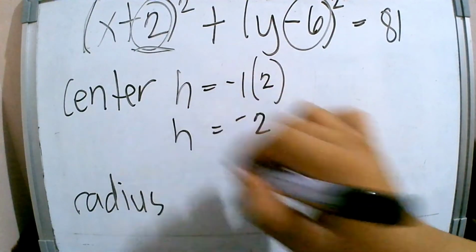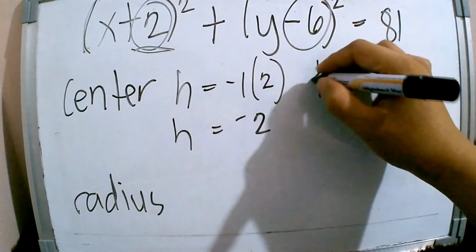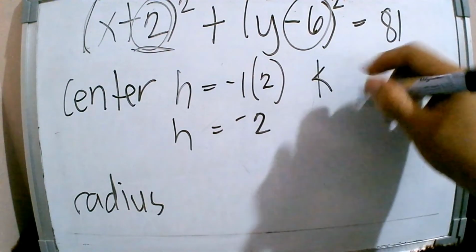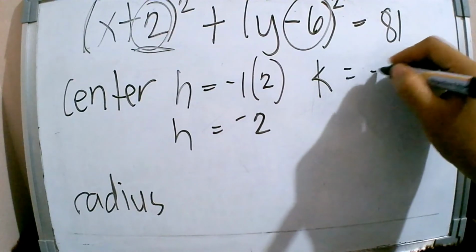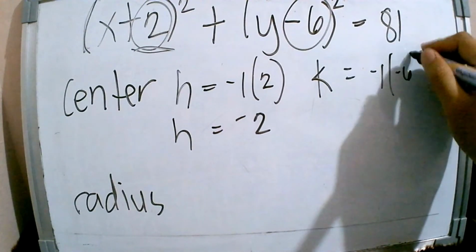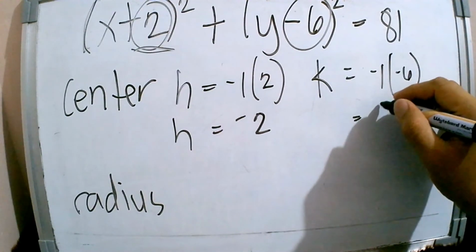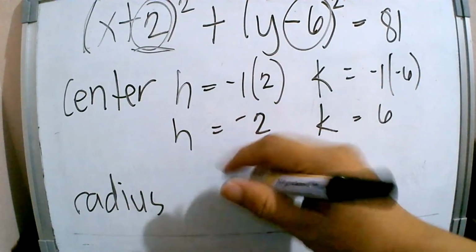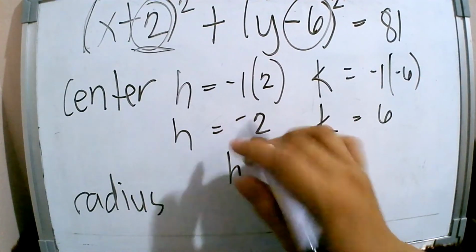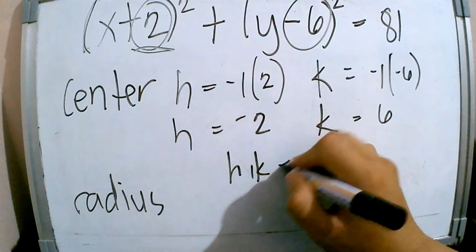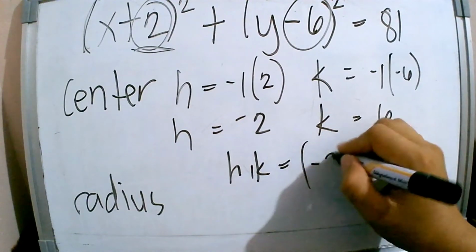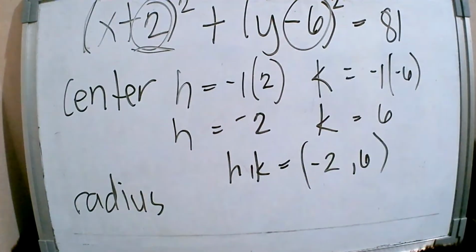So h is negative 2. We do the same with k. So k is equal to negative 1 multiplied by negative 6. So we have positive 6. So the coordinates of our center, h and k, is negative 2 and 6.